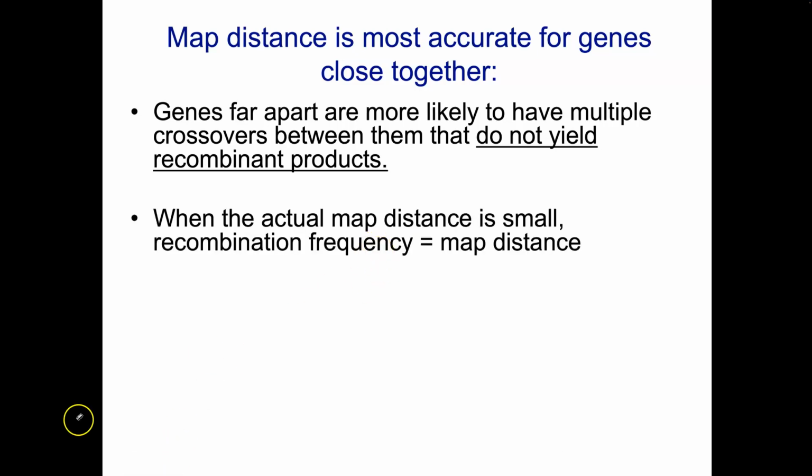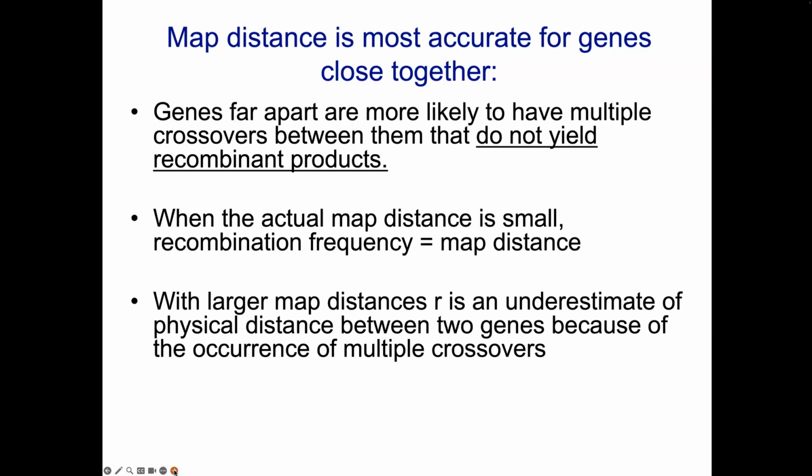So we prefer to work with smaller map distances and then add up the distances over the long term. The larger your map distances get, the less accurate they're going to be.